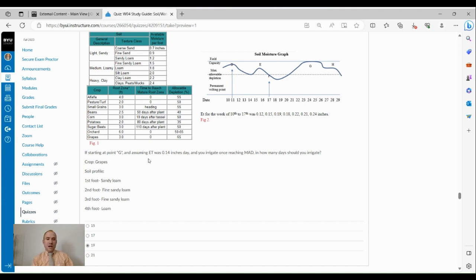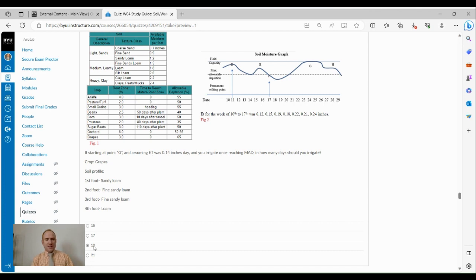That's from evapotranspiration, water being transpired by the crop or evaporated from the soil. We're going to use 0.14 per day, so 2.73 divided by 0.14 equals 19.5 days.